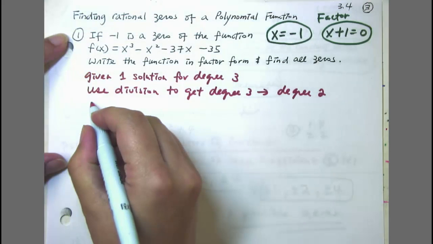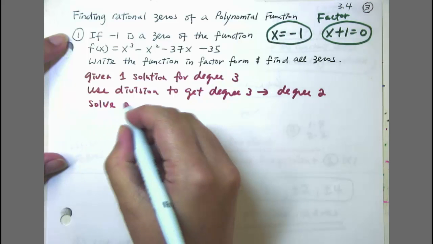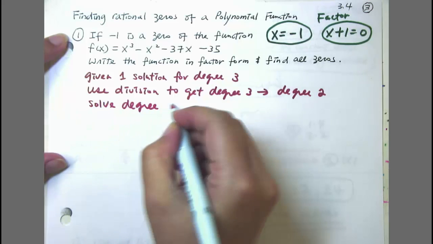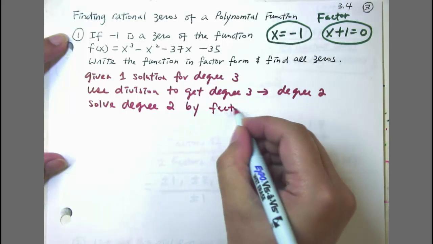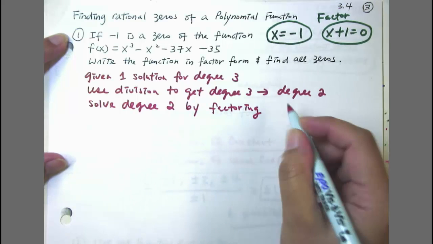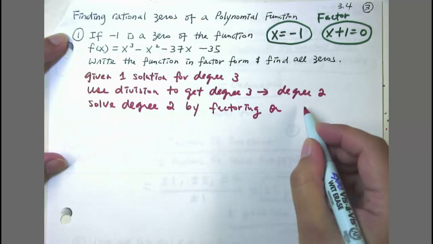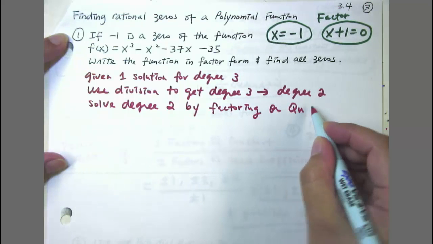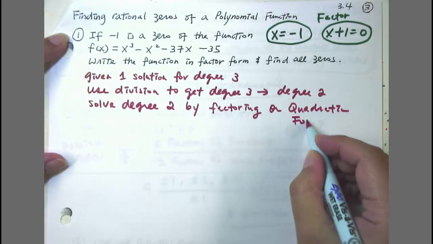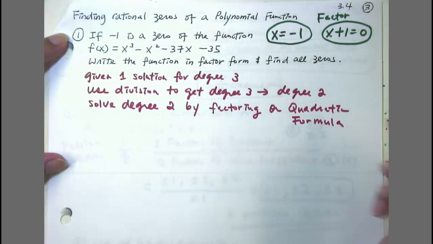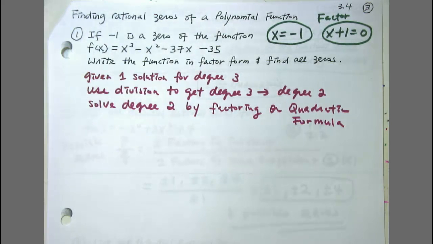So then you can solve a degree 2 by either factoring, that would be the quickest way, or if it's not factorable, you can use quadratic formula. And quadratic formula always works. So for division, this division can be done with synthetic division, that would be quicker.